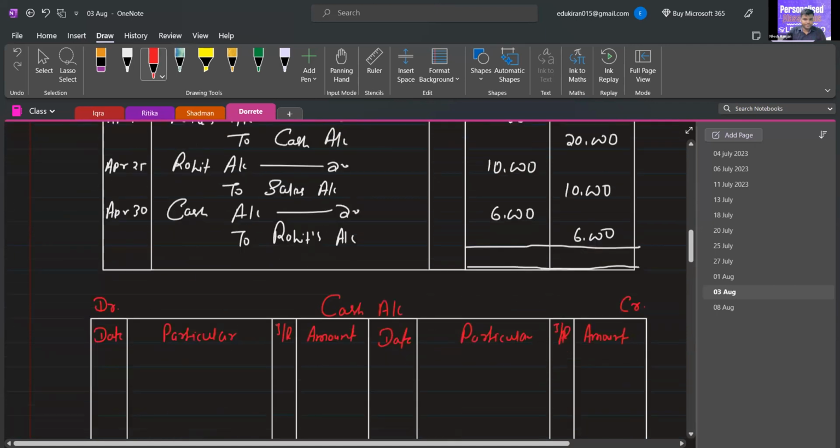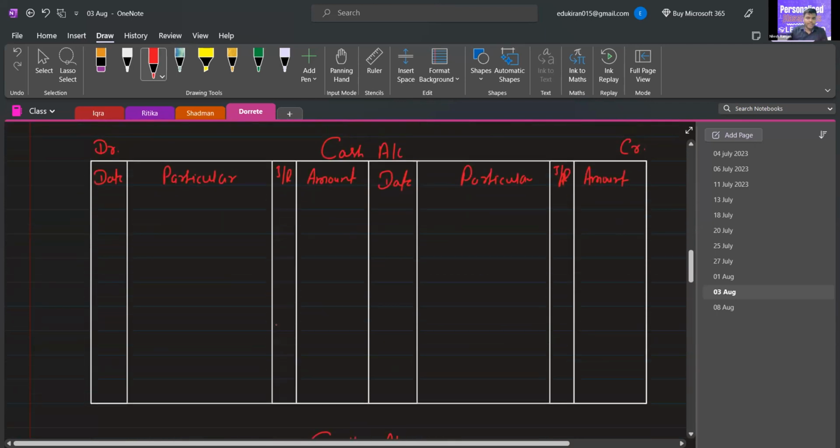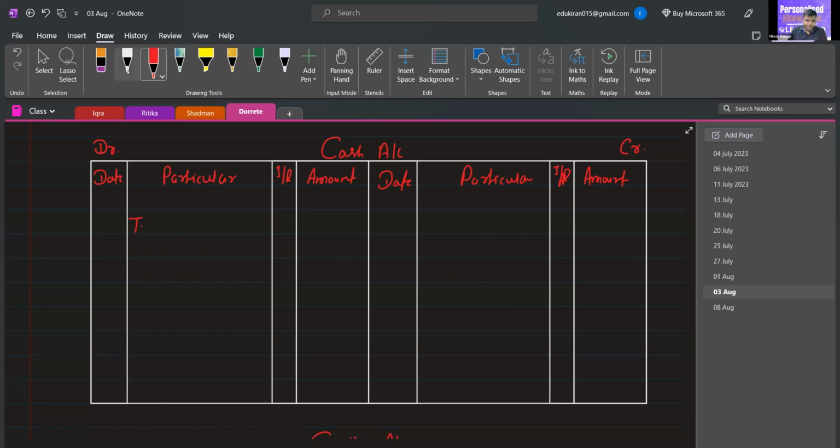Yes, sir. So cash is on the debit side. So we will write on the debit side of cash, to capital account. On the debit side of cash account, because cash is debited in the journal entry.